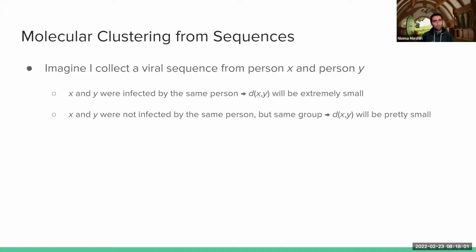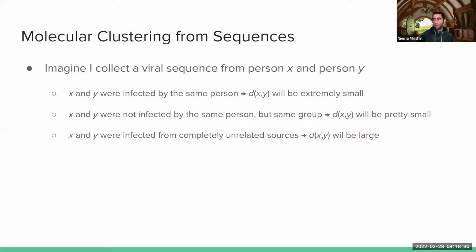In this example, the pairwise distance between those viral sequences is not going to be as small as in the first scenario, because some time has passed between transmission events for a few mutations to accumulate, but the pairwise distance is still going to be pretty small. It's the same recent source of infection, but not as small as when the exact same person infected both of them.